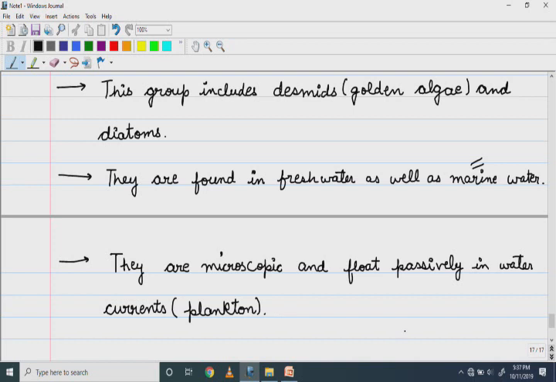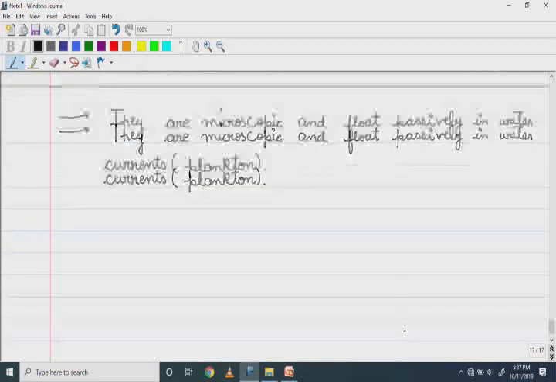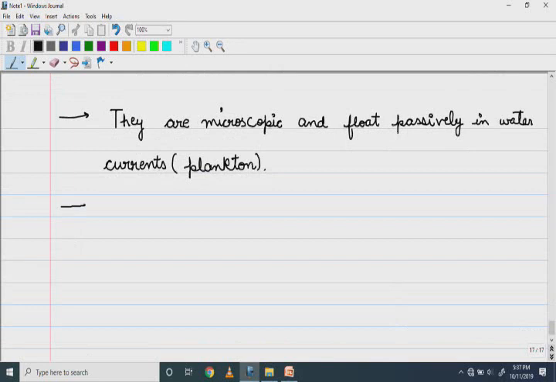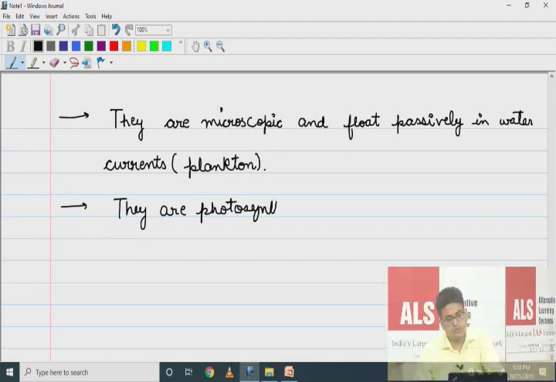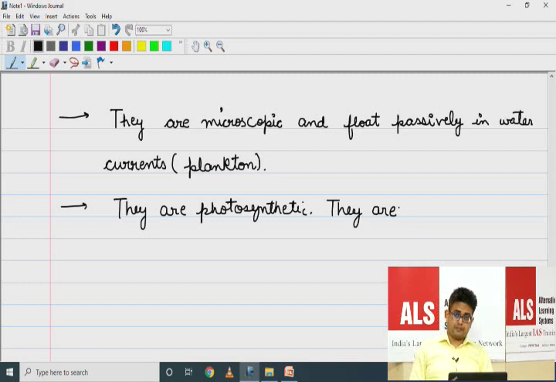Now most diatoms are photosynthetic. And because they are part of plankton, they are major photosynthesizers in the marine environment. Plankton, out of which diatom is a majority portion, is the most important photosynthesizer around the world.